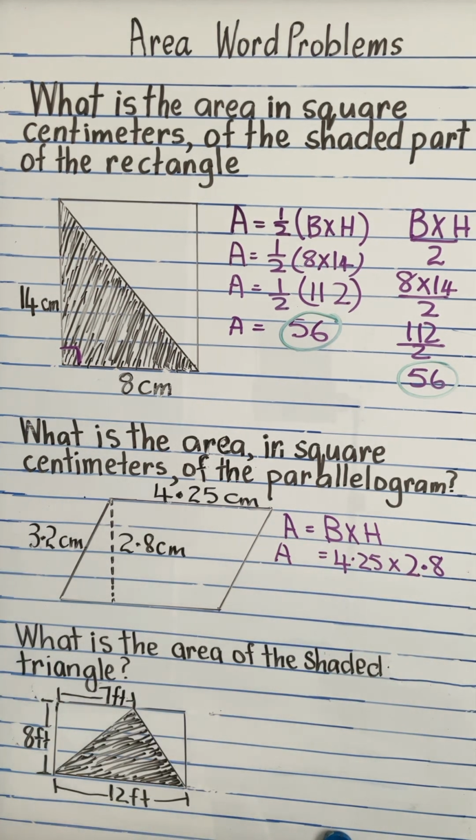2.8. So now we have our base and our height, and we're going to multiply 4.25 by 2.8.